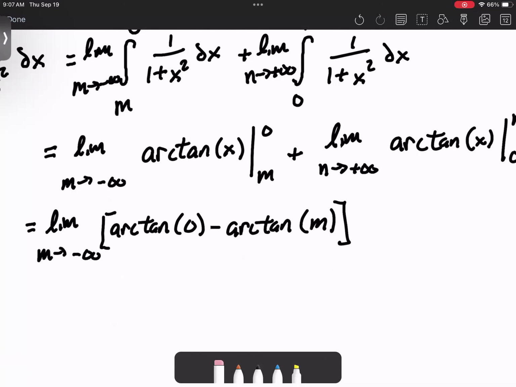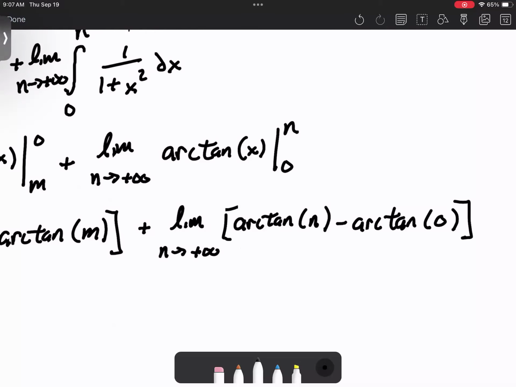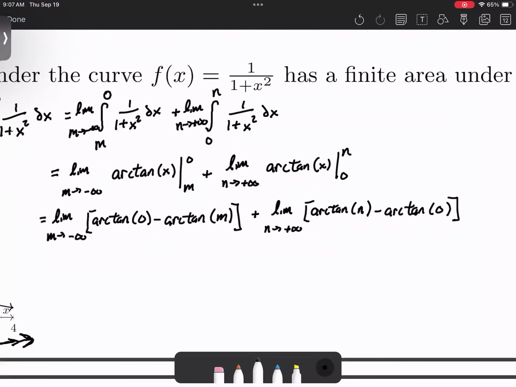All right, and over here, we have limit as n will eventually go to positive infinity, arctangent of n minus arctangent of 0. Now let's take some limits and see if we get a real answer out of this. So the arctangent of 0, that's just a constant, so the limit doesn't really care about that.